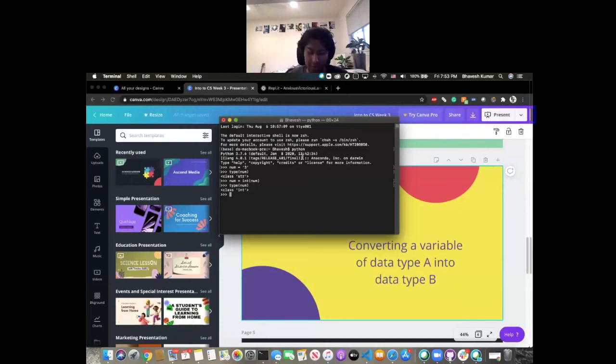For example, if I were to have a variable called num2, which equals 13.798, and if I were to write num2 equals int(num2), so if I were to cast this into an integer data type, then I'd lose everything after the 13, because as you recall, an int doesn't have a decimal point after it.